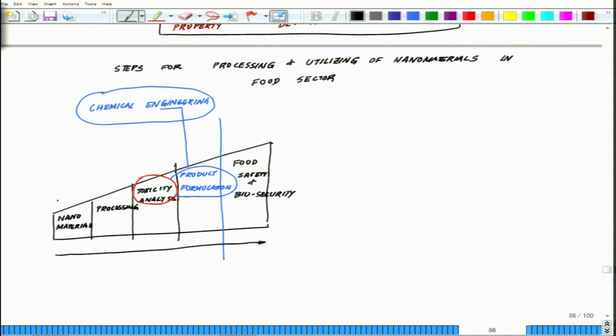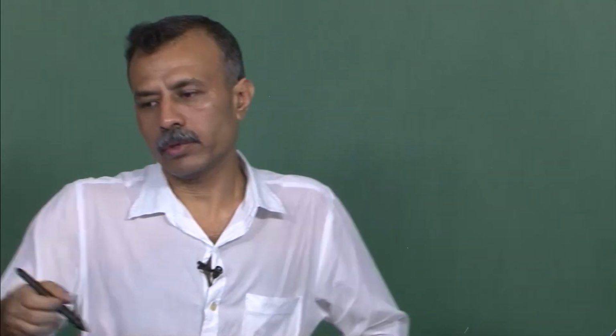So, selection of the nanomaterial, how you are processing it, what kind of toxicity analysis is being done, what product formulation you are using, then comes the critical one, food safety and biosecurity. So, I will close in here. In the next class, we will continue from this chart where we have stopped today. Thank you.